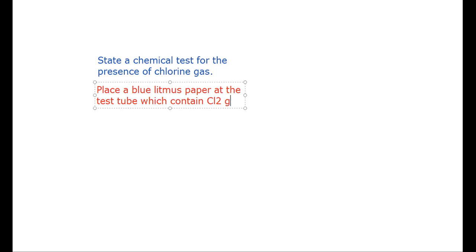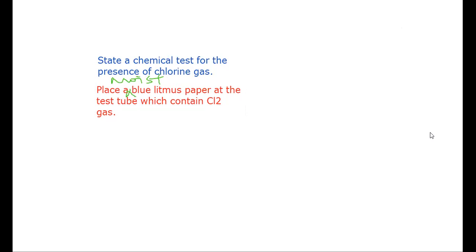You please spell it in full. Okay. Now, at my statement here, there is one error. What is the error? I hope you get this. It should be place a moist blue litmus paper. The word moist must be there.